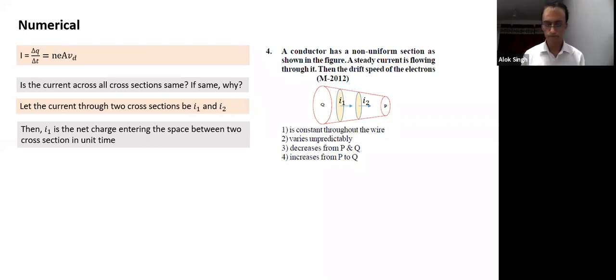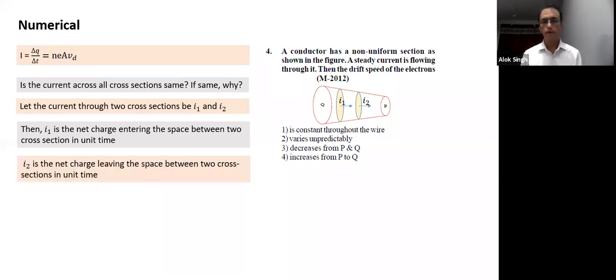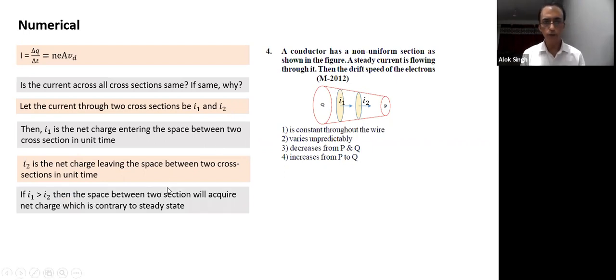And what is I2 here? I2 is the net charge leaving the space between the two cross sections in unit time. So for the space bound by two cross sections, some charge is entering and some charge is leaving. Now, if I1 is greater than I2, what would it imply?